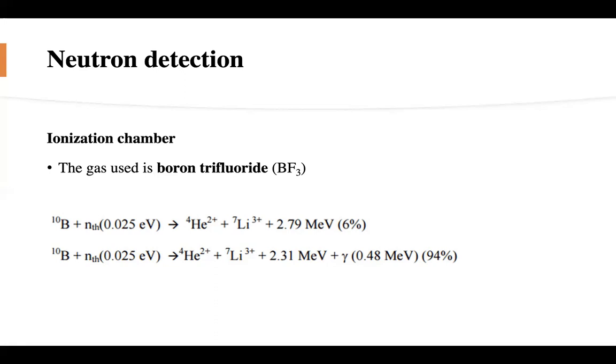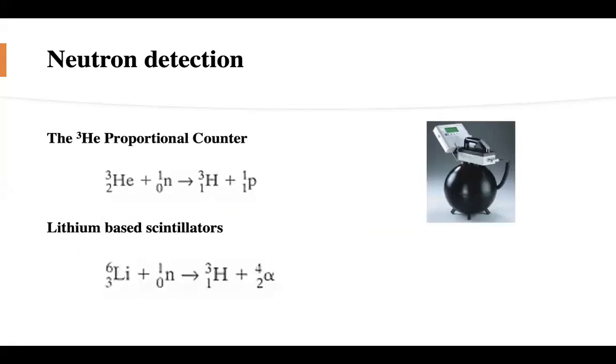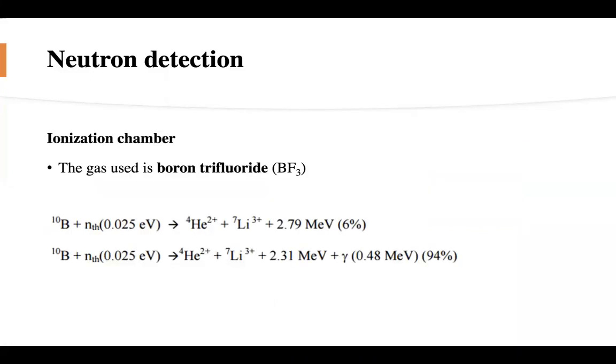We don't detect neutron directly, but indirectly. So neutron hits boron and produces alpha, and the ionization chamber just detects alpha. Alpha will ionize the gas later. So boron is used in the ionization chamber to convert neutron to detectable alpha particle.